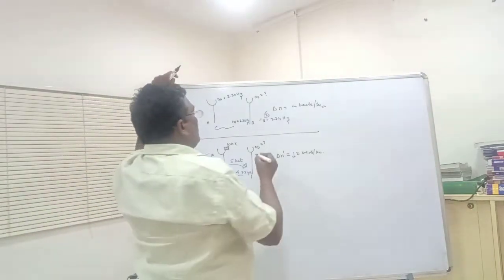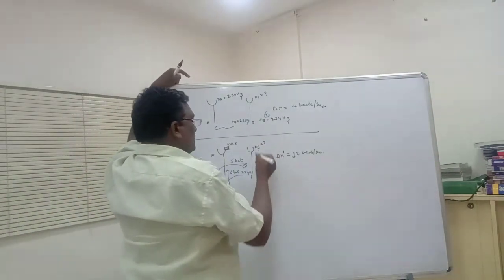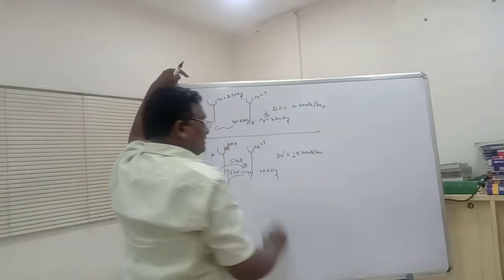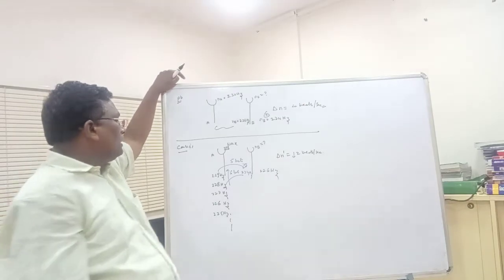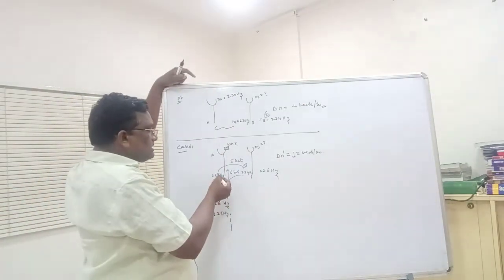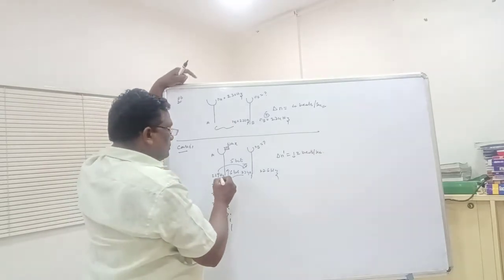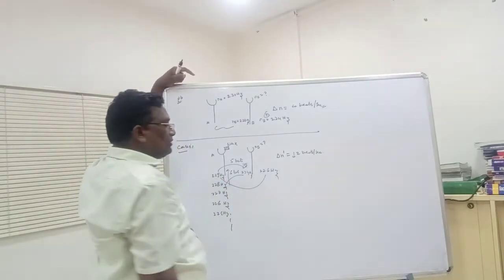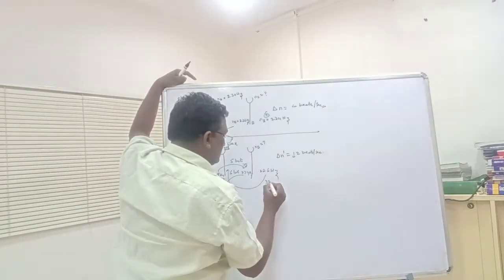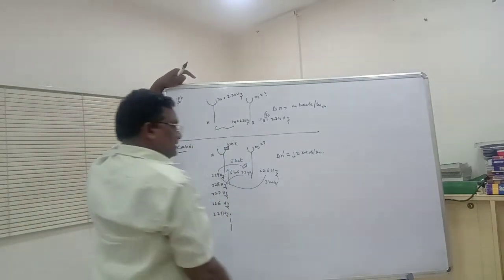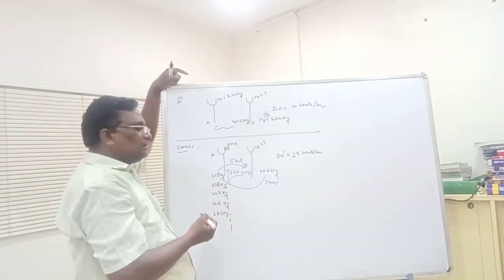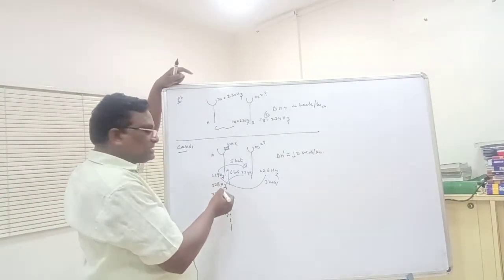Suppose you assume the frequency of tuning fork B is 226 Hz, for example. Now for tuning fork A, after loading, it is giving 229 Hz. 229 minus 226, 3 beats per second. Suppose it is giving 228 Hz, means 228 vibrations per second.